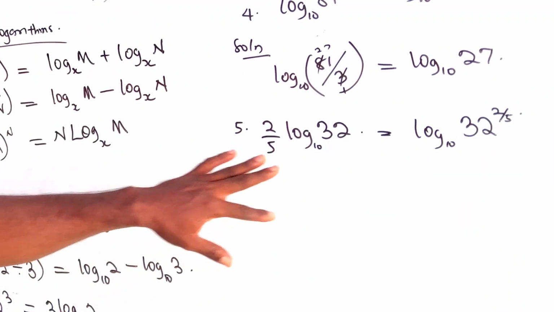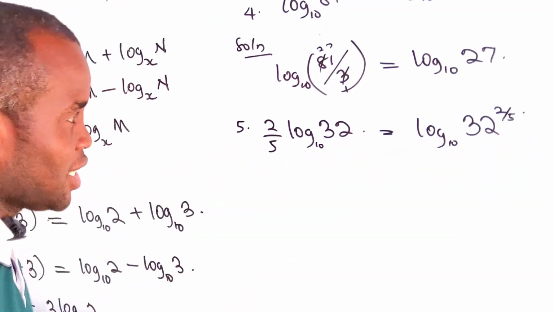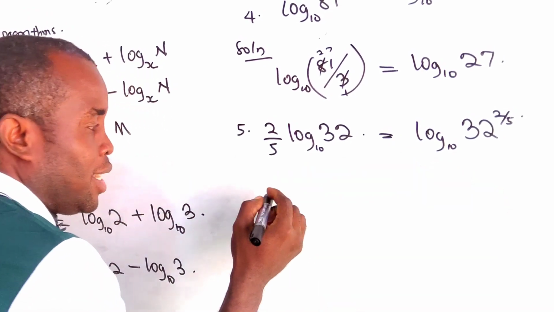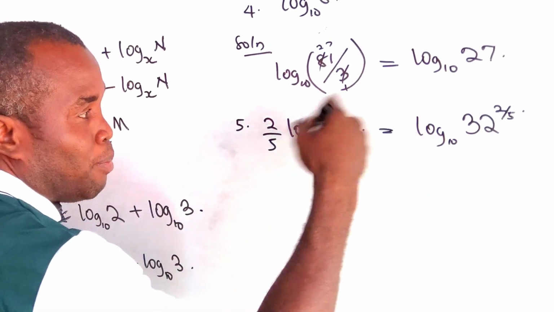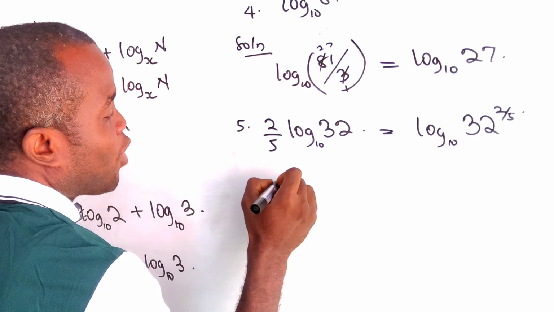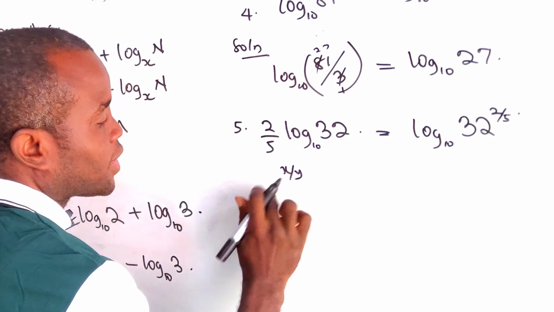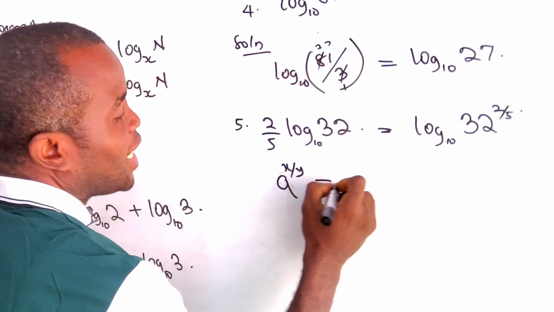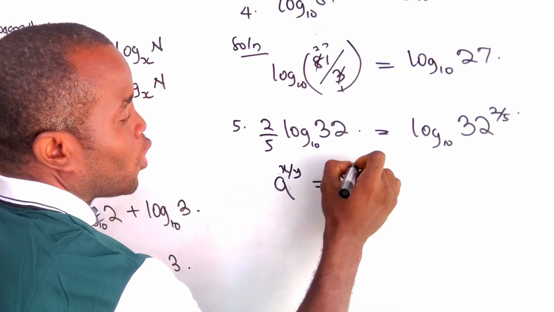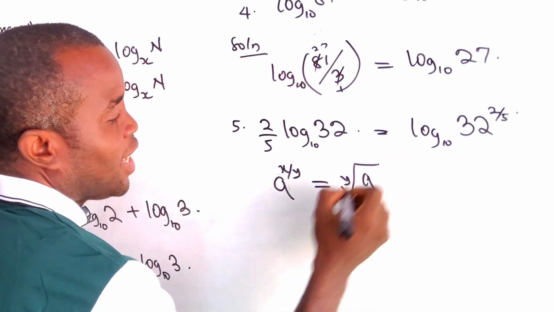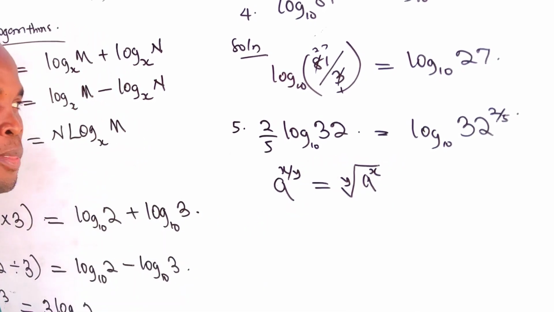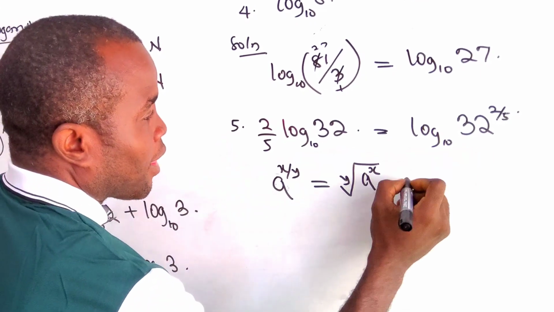You remember this very law from indices. Like I told you, it's just the mirror of one another. If you have a raised to power x all over y, it is the same thing as the yth root of a to the x.